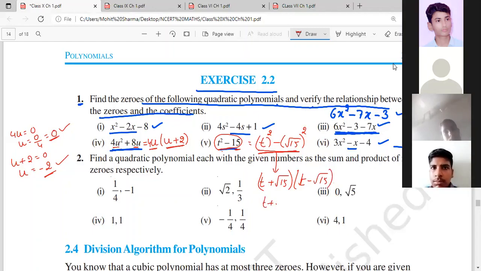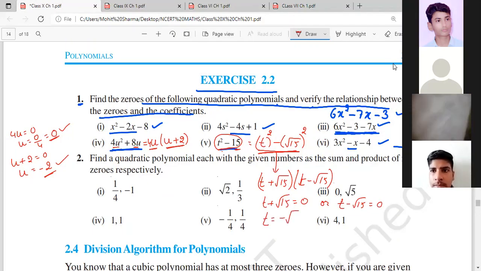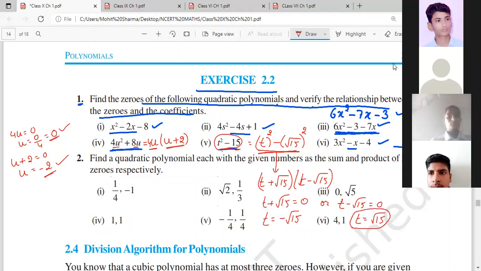So t plus under root 15 equals to 0, or t minus under root 15 equals to 0. Then what is t? Minus under root 15, and here t is equal to under root 15. So these are the two zeros.